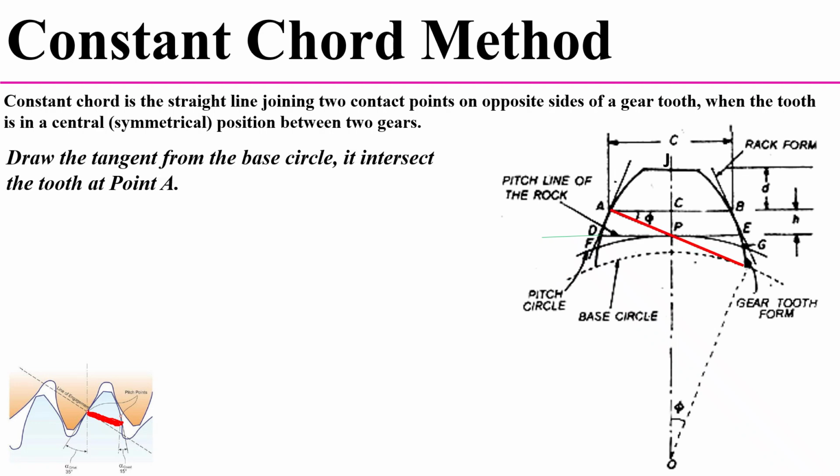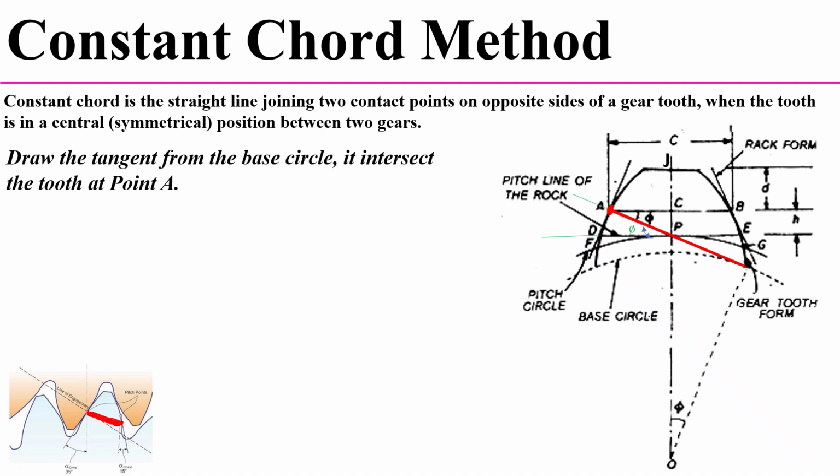First, we draw a tangent from the base circle, and it intersects the tooth at point A.